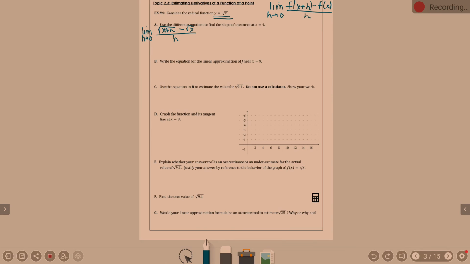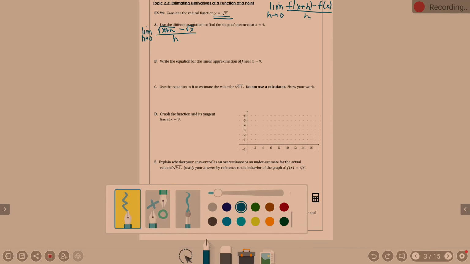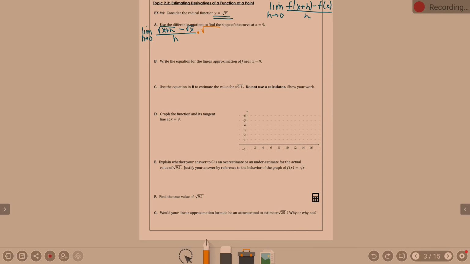When you see those two radicals being subtracted, what do you know you must do? We're going to have to multiply by the conjugate of, in this case, the numerator. So on top, since it's square root of x plus h minus square root of x, we multiply by square root of x plus h plus square root of x.